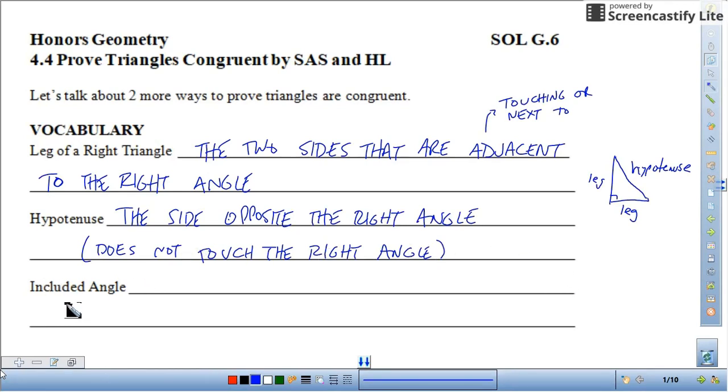And then the last term that we're going to define applies to all triangles, not just a right triangle, and that is the included angle. The included angle is the angle that is in between two adjacent sides.